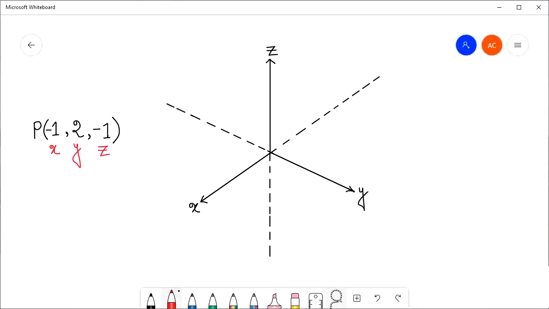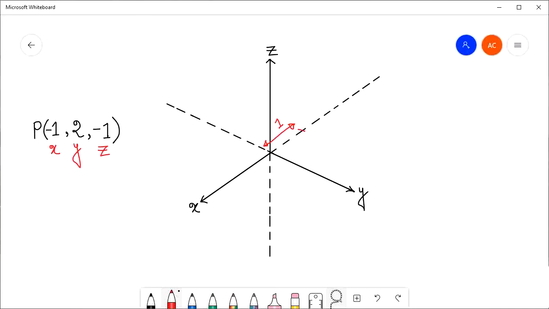For x, we have to take 1 unit, but as it is negative, it will go to the backward half. So for x, suppose this is 1 unit. What about y? Y is +2, so we have to take 2 unit on the right half.